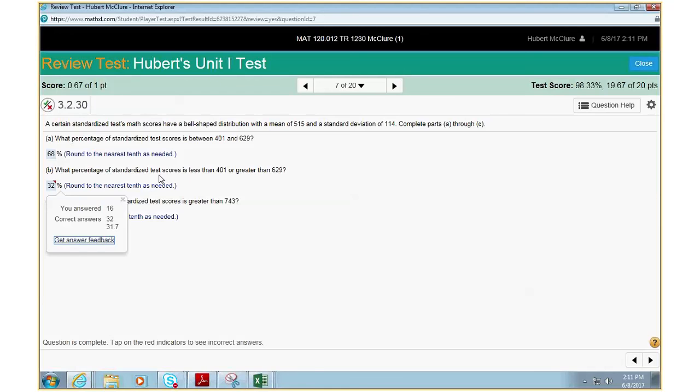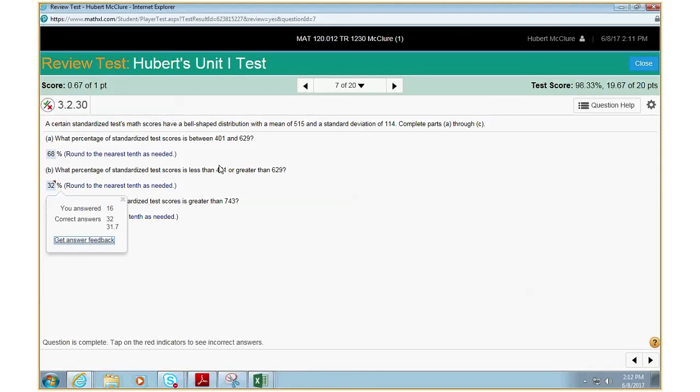What percentage of standardized test scores is less than 401? Oh, it's asking for the 2 tails. It's asking for the 2 tails, less than 401. I thought they were doing together. So less than 401 would be that way, and greater than 629 would be that way. You would add them up together, so that'd be 16 and 16, which is 32.